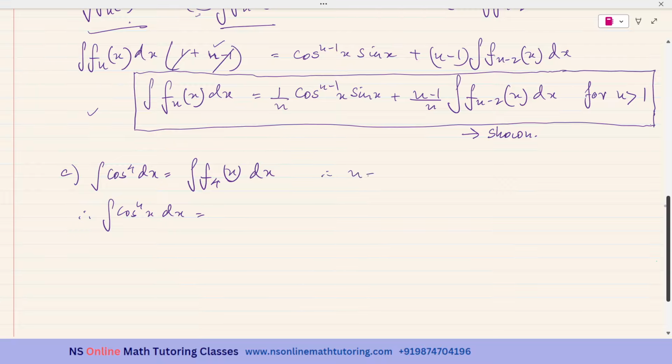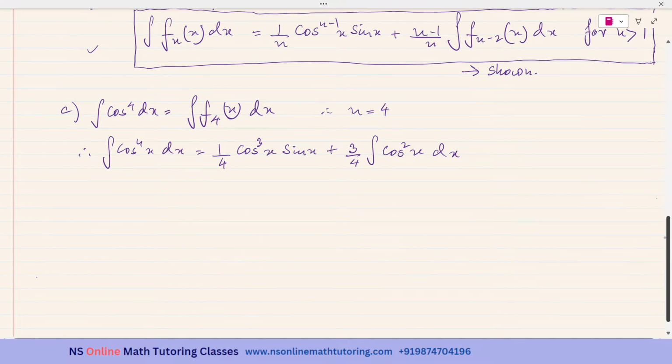Okay, so 1 over 4 cos^(4 minus 1) which is cos cube x sin x plus (4 minus 1) which is 3 over 4 times the integral of f(n minus 2). So 4 minus 2, it is cos square x dx. And now we have to integrate the cos square x.